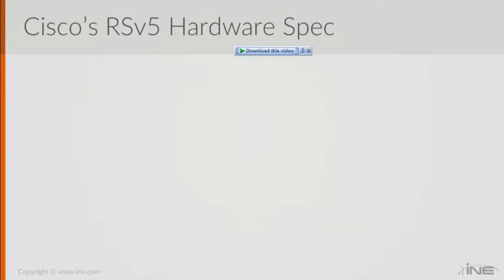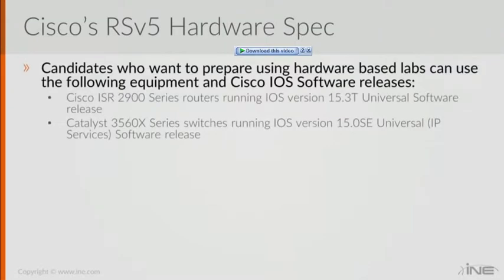Now for their hardware specs specifically, they're saying that if you wanted to use hardware to practice for the exam, you want the equivalent of 15.3T for the ISR G2s, or the equivalent of 15.0 SE for the Catalyst X series, like 3560X, 3750X.